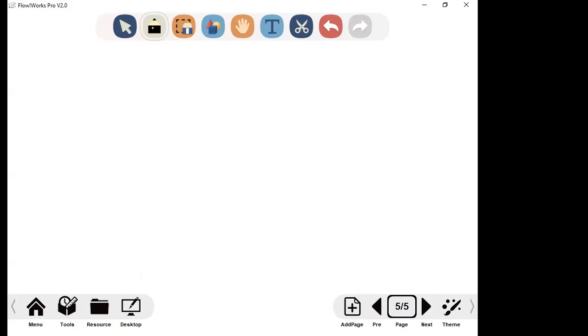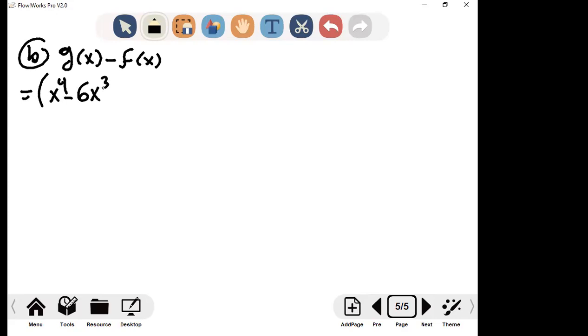In part B, they want g of x minus f of x. Follow the expression always. G of x minus f of x, you need to put g of x first, right? Done? Be careful about these things. So here, g of x is x power 4 minus 6x power 3 minus 2x.